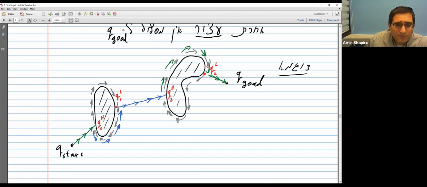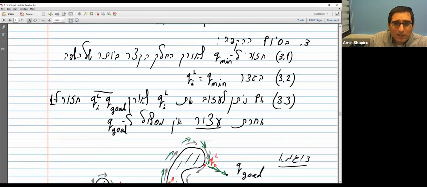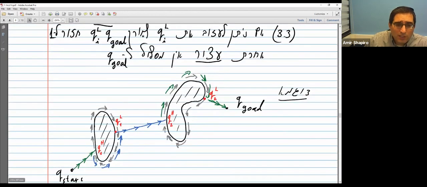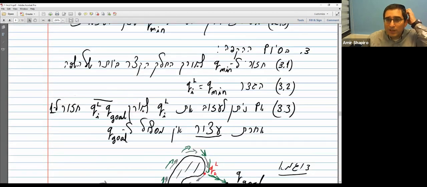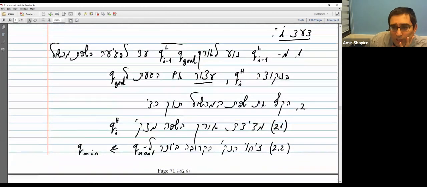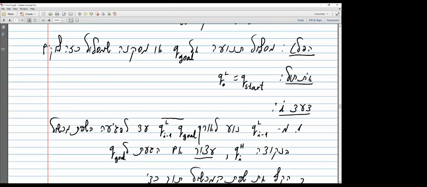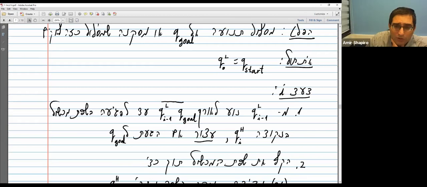This is the idea. Very naive, very simple. It's called the bug algorithm because it's like a bug that goes directly, and when it hits an obstacle and feels it, it goes around. I'll tell you how we write it as a formal algorithm.